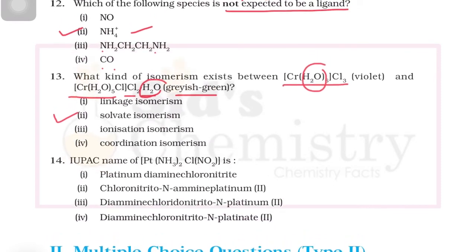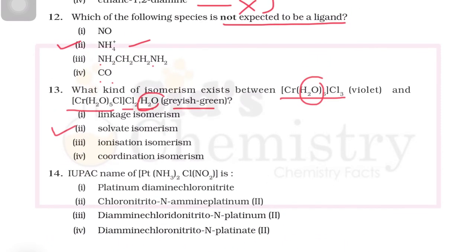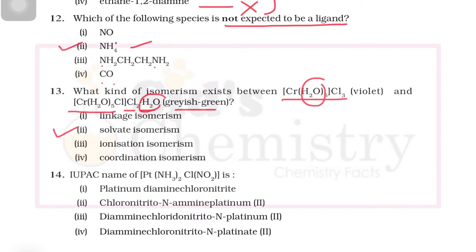Coming to the last question of this session, the IUPAC name of [Pt(NH3)2Cl(NO2)] is. First of all, we have to arrange the ligands in alphabetical order. We can see that there are three ligands: ammine, chlorido and nitrito-N. So we have to arrange them accordingly.